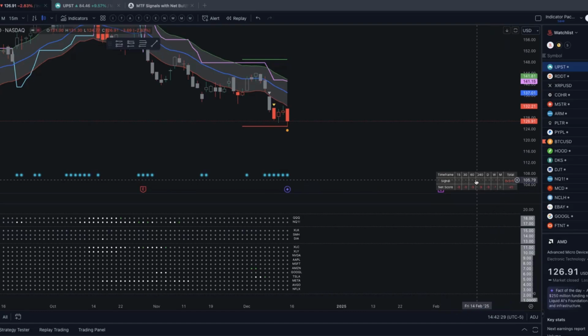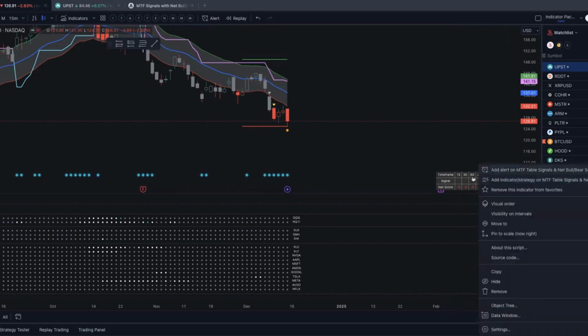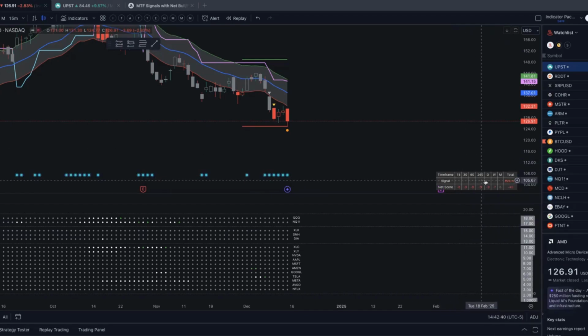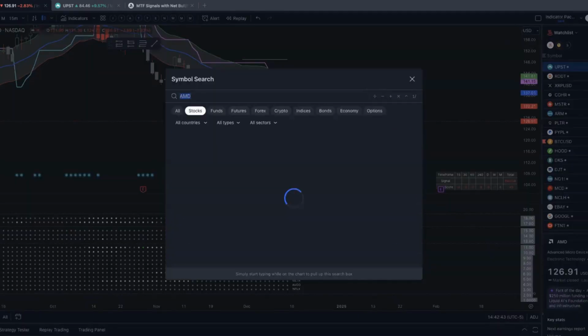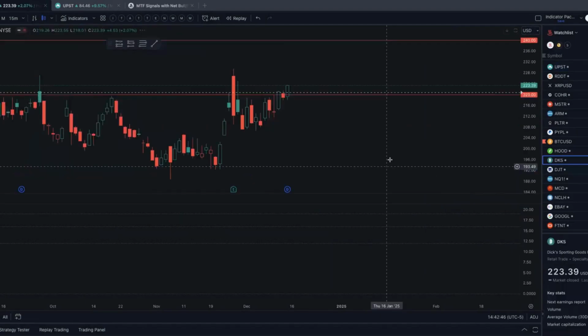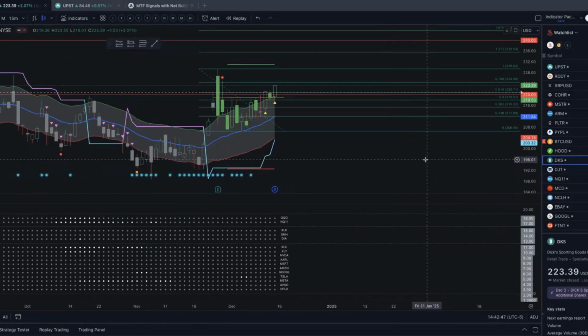And then, not to mention, you've got all the triggers, so the buy or sell signals that are showing on the chart. Okay. So you don't have to flip through the time frames, and it literally will just tell you right here. So for example, DKS, I know right now has a ton of buy signals.